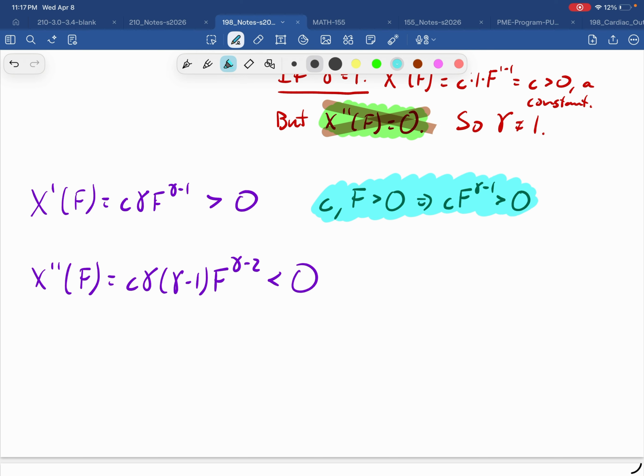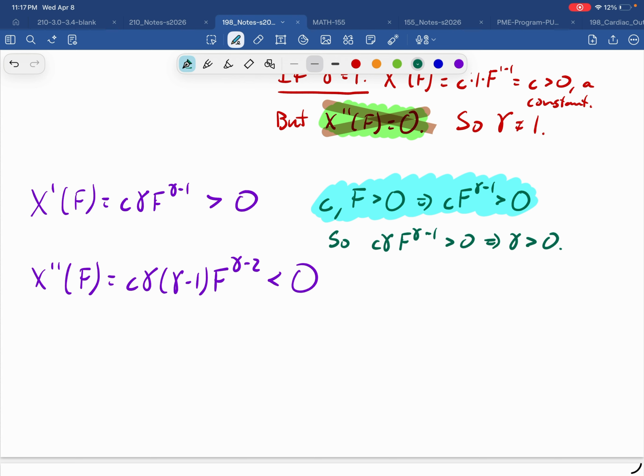Okay, so why does that matter? Well, it means that if we want this to be true, then gamma has to be greater than 0.